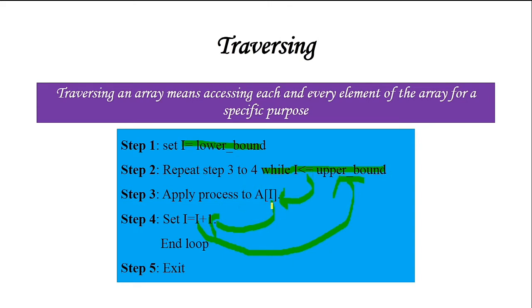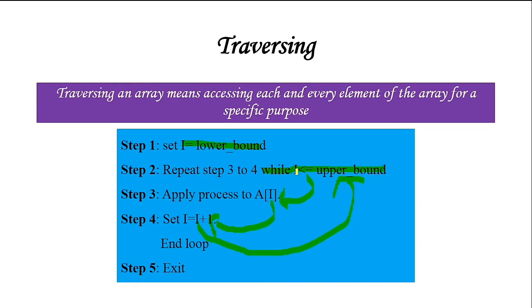Apply the process to a of 1, then increment I by 1, that is you will get I equal to 2. Again check. Suppose you have 3 elements in your array, then you need to traverse from 0 to 2, right?